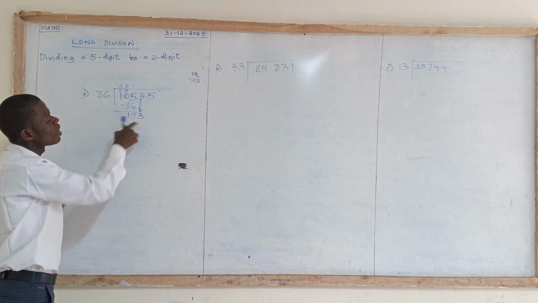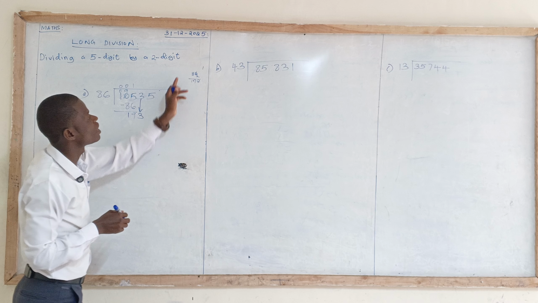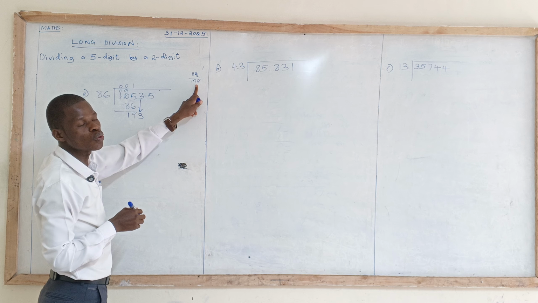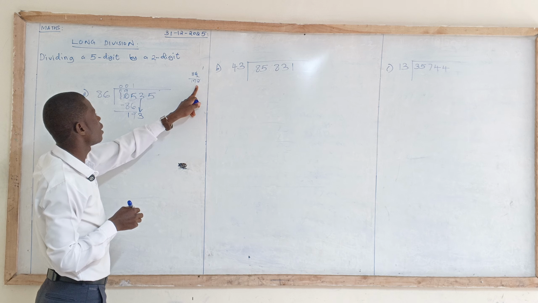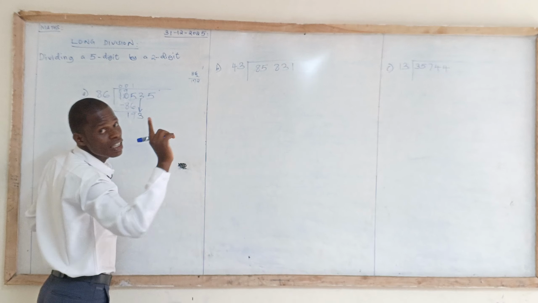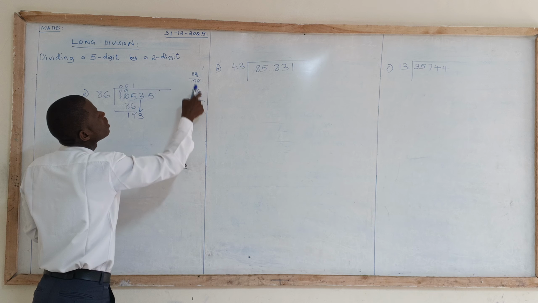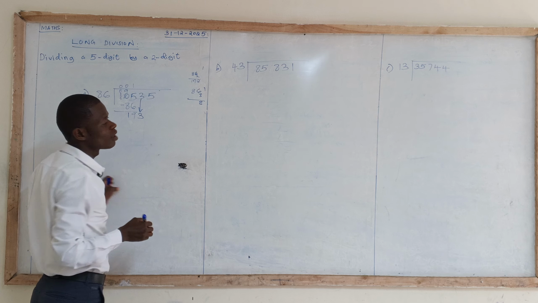86 divides 193 how many times? From our rough work here, we said that 86 times 2 gives us 172. Okay, but do we have 172? No, we have 193. So let us try the next one. 86 times 3. 3 times 6, that is now 18.